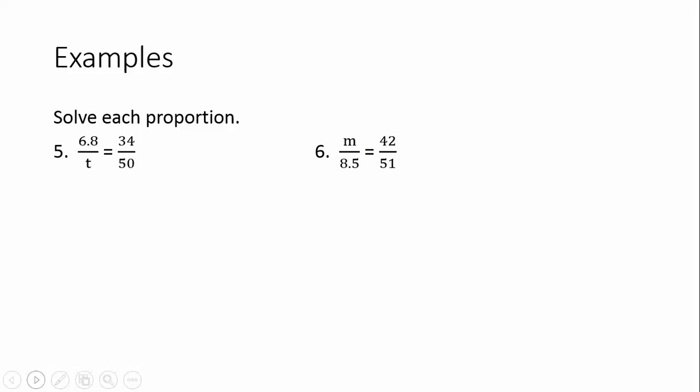If you'd like, pause the video here, see if you can solve these next two on your own. So we get 6.8 times 50, which is 340, equals 34t. Divide both sides by 34. Hopefully you don't need a calculator for this one. We get t equals 10.